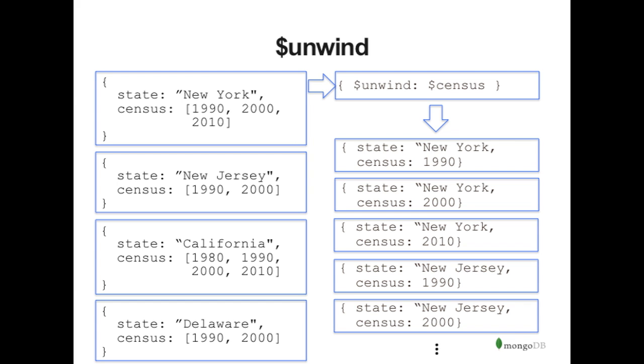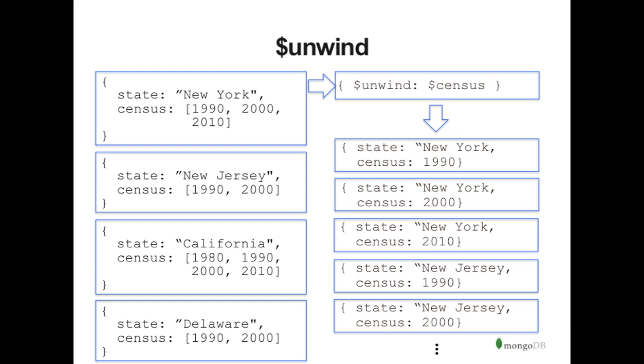Again, this is a simplified version of the data I'm running. But I've got my states, and I have census data, in this case 1990, 2000, and 2010 for New York, but for New Jersey I've got 1990 and 2000. For California I've got 4 years. When I do the unwind on the census field, the one with the array, I end up with 3 copies of the New York document because it has 3 values in the census field.